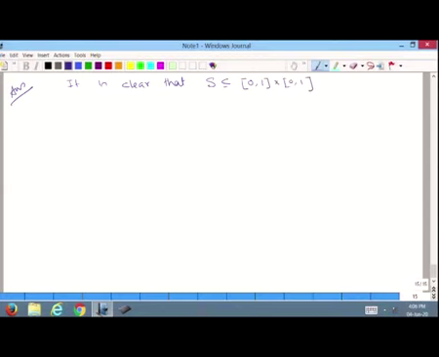So, if we draw the diagram, suppose this is 0, 1, 1, so this is the square. S is contained in this.